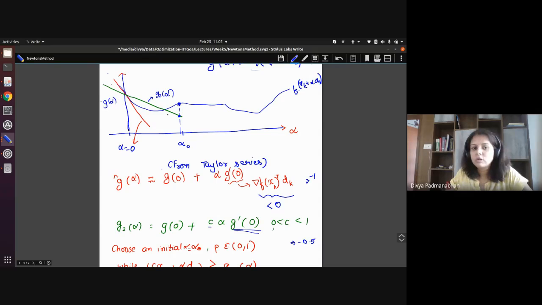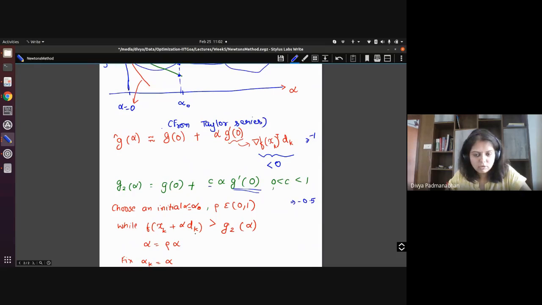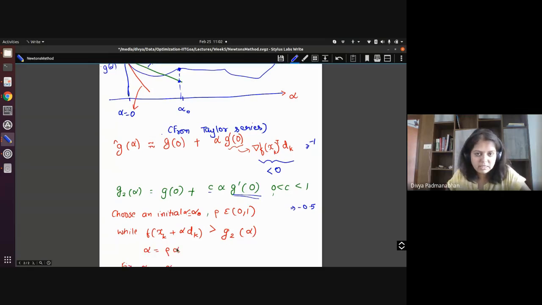So you say that, okay, this is not acceptable. You try to reduce it further. When the function value exceeds the value of g2, you try to bring it down. You multiply it with a fraction, a value of rho between 0 and 1.